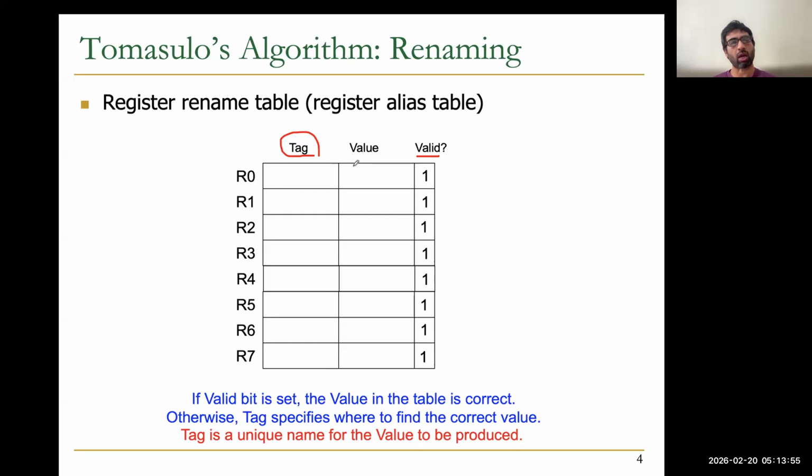So the execution is out of order, but the results of execution are committed to the register or memory according to the program order, and that is achieved using reorder buffer.